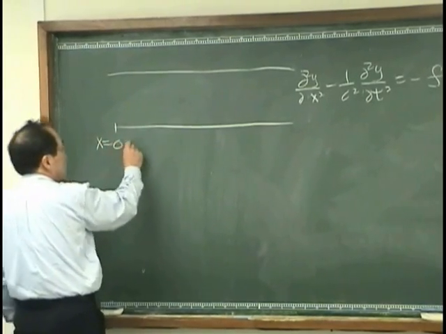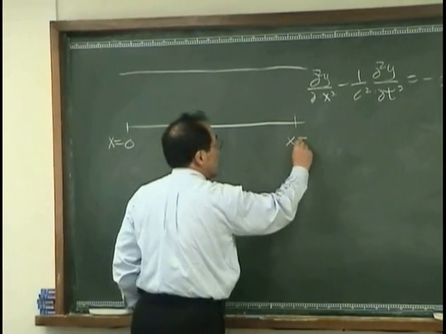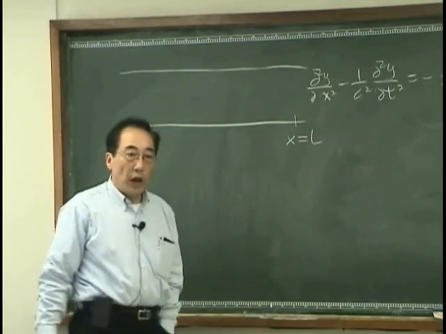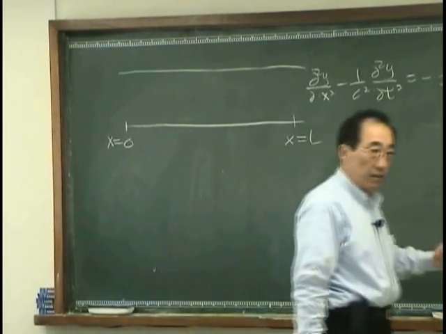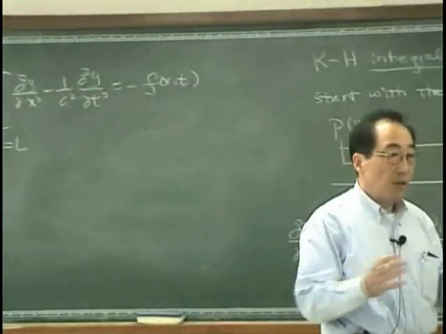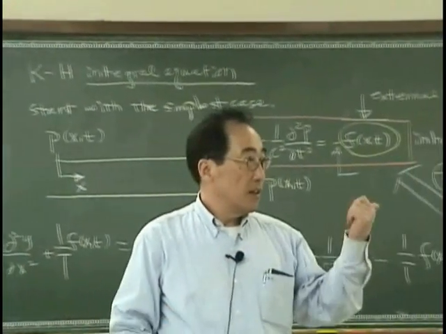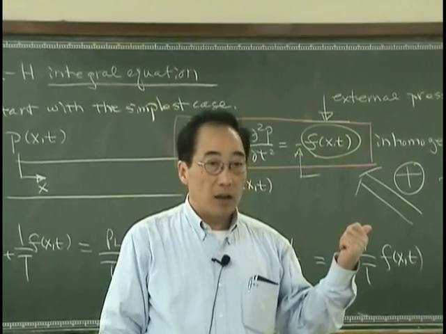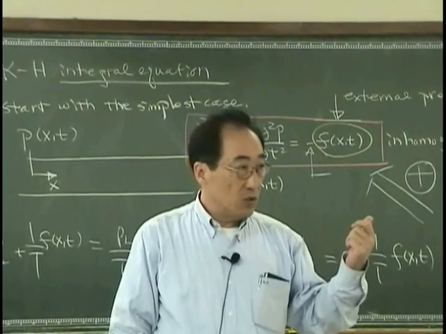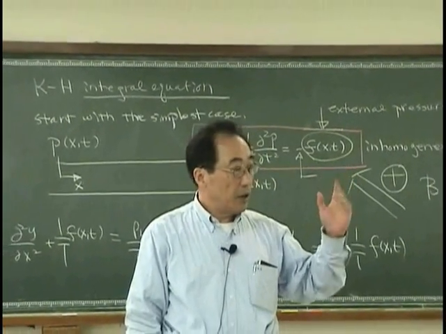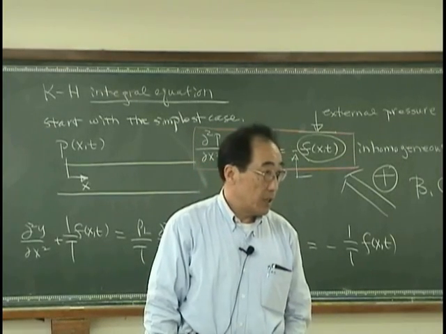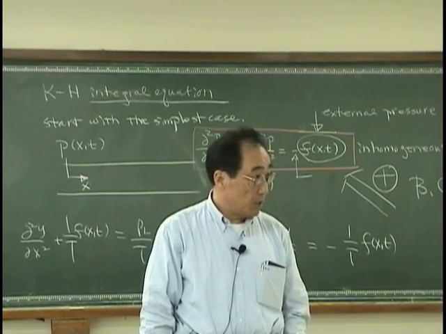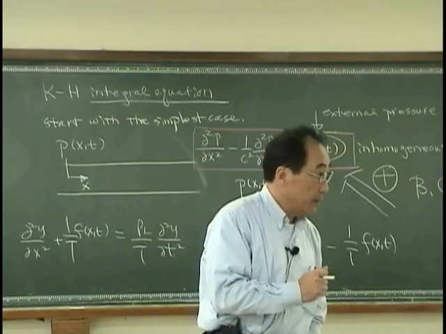Assume that I want to find the solution between x equals 0 and x equals L. For the infinite case, as we saw before, the solution can be either a plane wave or a superposition of many monopoles and so on. That is the special solution, and we studied that already, right?